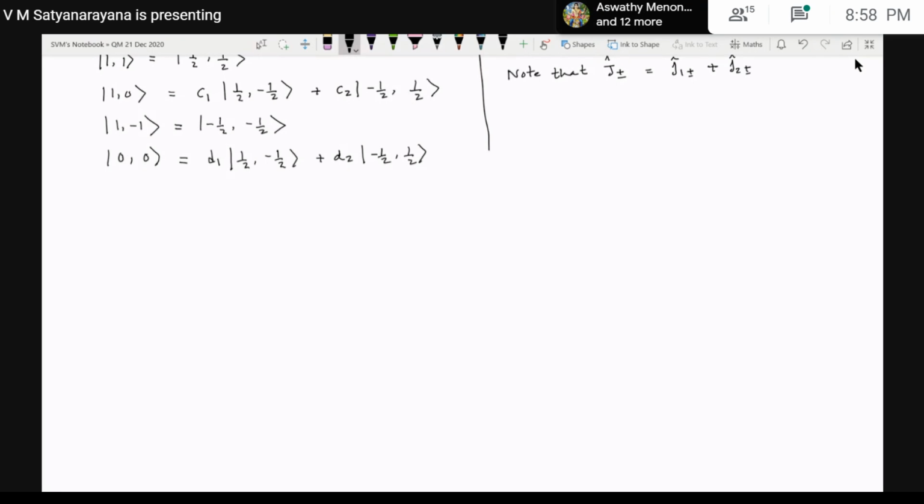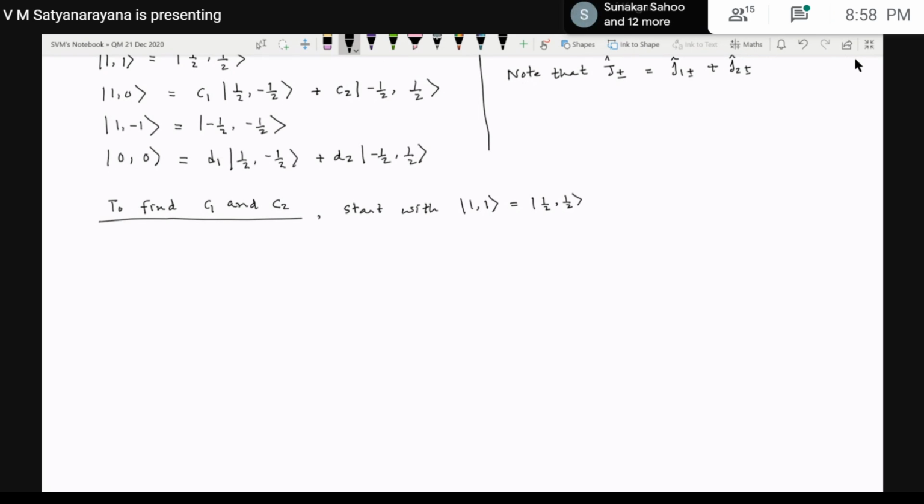We will start with, to find C1 and C2, to find C1 and C2, start with a well-known result, that is |1,1> is equal to |1/2,1/2>. There is no ambiguity here.